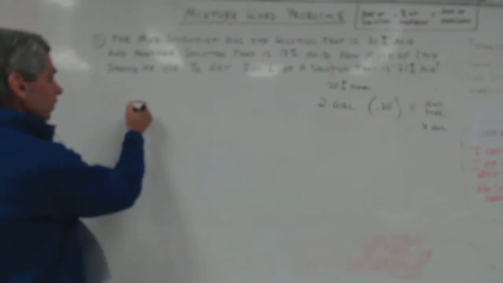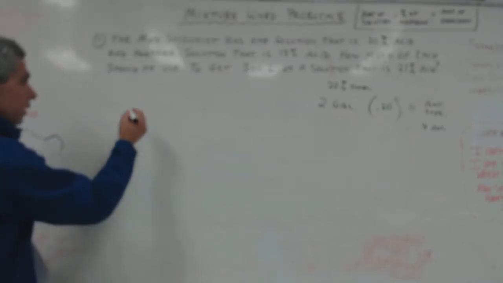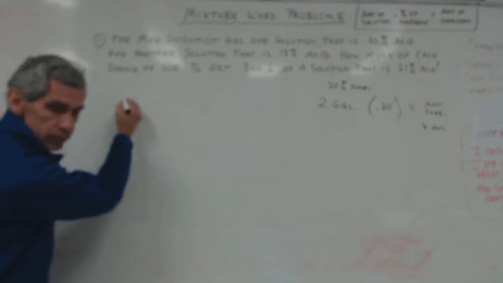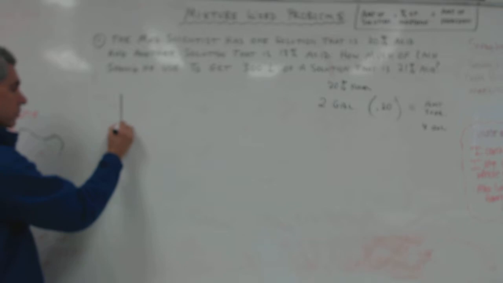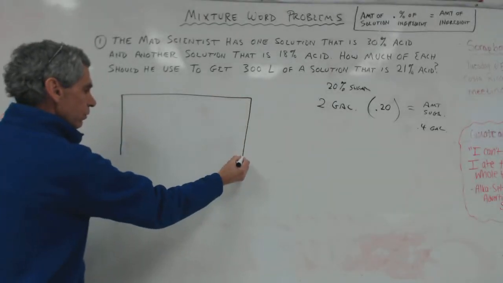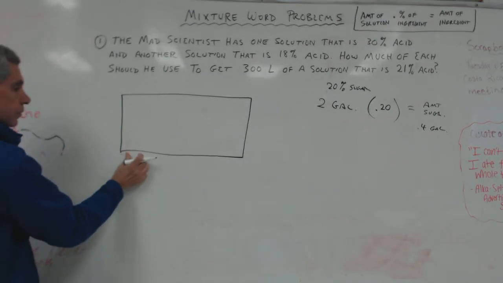So what we're going to do is create a box. Let's see here, I just want to be sure this can be seen. Okay. We've got a box, and it's going to be 3 rows and 3 columns.